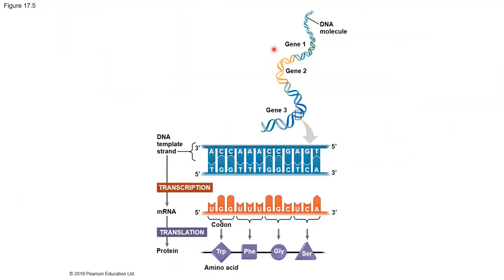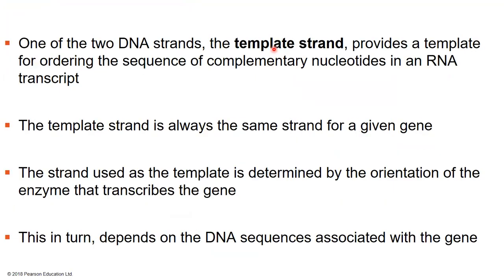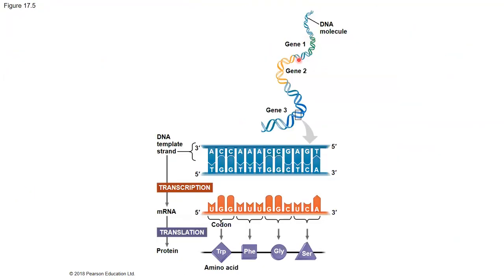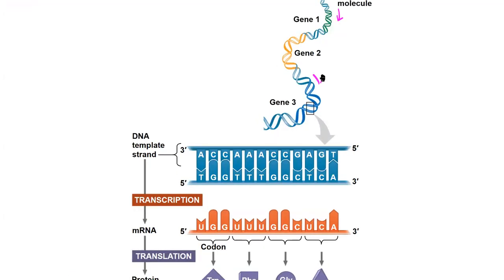So basically, if you have gene 1, gene 2, gene 3, each gene consists of 2 strands. So maybe the direction of transcription will be like this from the bottom strand, in our example here.